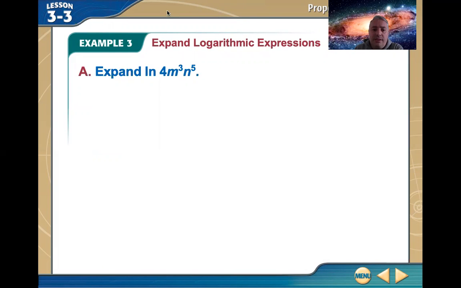Now the new question. Let me take Bushra again here. Okay. Now expand ln of 4 m cubed n to the 5. I mean, rewrite this by using rules. So what am I going to do? I have ln of 4 times m cubed times n to the power of 5.